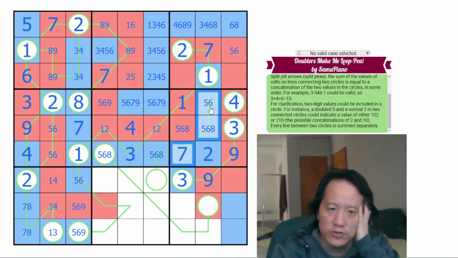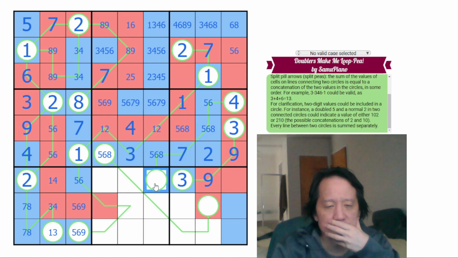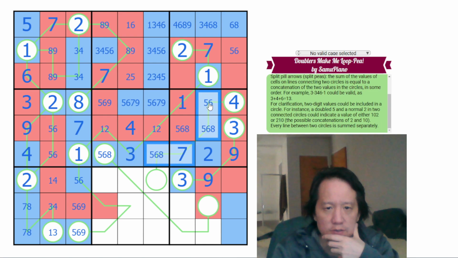What is this most? So this cannot be 4, I don't think. It could be 1 doubled, but it cannot be 4. Right? It'd be 48 then. And there's no way this adds up to 48 because none of these are doubled.